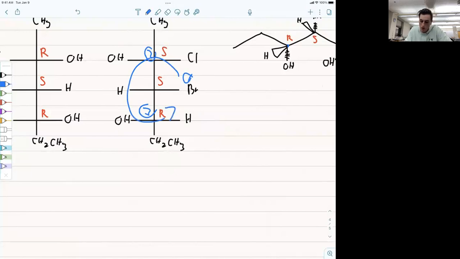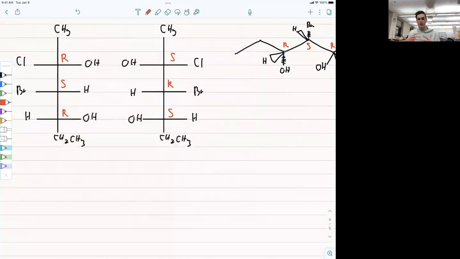That's R, S, and we're flipping to R. So this is R now, and just take my word for it, the other one's going to be S. This would be the enantiomer. So I'll rephrase: if every stereocenter flips, having one on one side and one on the other, then that's how you can check for enantiomers.